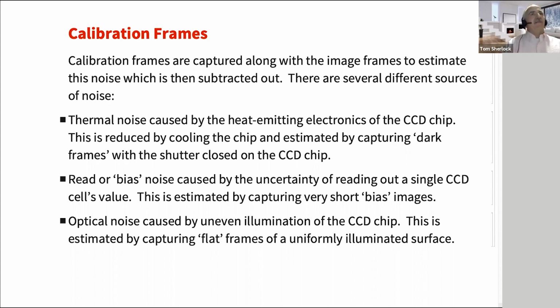Now, this noise I'm talking about, there are several different types of noise. And the main one is what I call thermal noise. So the CCD camera has the CCD chip. There's electronics associated with that, and it operates at a certain temperature, and the heat emitting electronics cause a false signal on the chip.